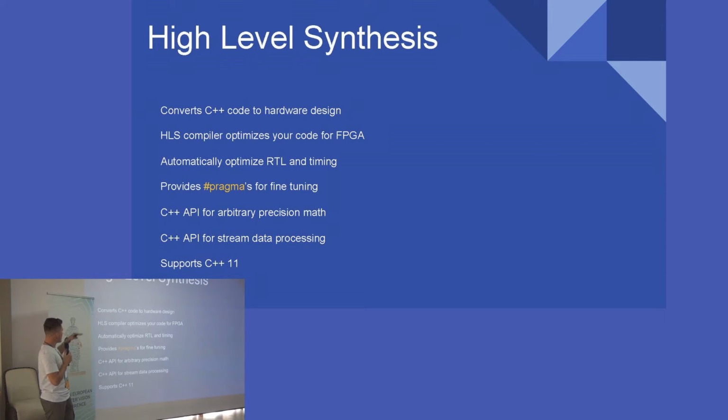So the HLS compiler is high-level synthesis. They call this technique synthesis because they synthesize a design for an FPGA chip. It does a lot of work to optimize your code to target the FPGA device, and it also allows you to do a very interesting thing. With a general CPU, we usually have ints, floats, or doubles with 64 bits depth.